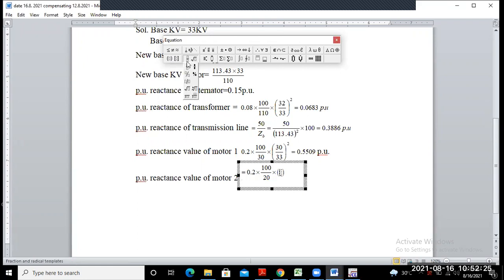Now just put here 30 by 33, 30 by 33, 33 whole square.